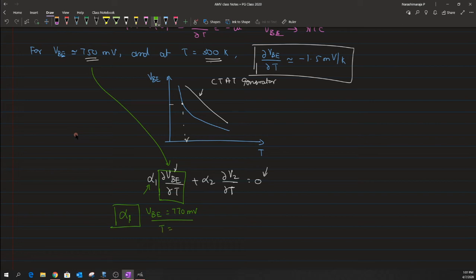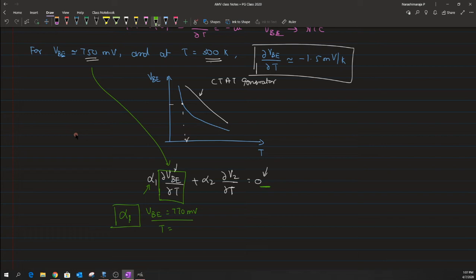So basically the choice of alpha 1 becomes more difficult, and the choice of alpha 1 will introduce some sort of error into the circuit, and that error will introduce a non-zero factor here. This error happens when we operate the device away from the specific temperature or the specific value of VBE for which we calculated this alpha 1.